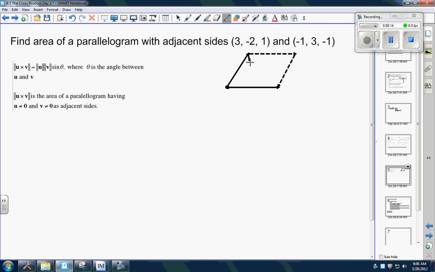Again, we need this little guy right here. So I'm going to do both formulas here for you, and you guys got to decide which one works best for you. Let's look at this guy first. I'm going to call this vector u. I'm going to call this guy vector v.